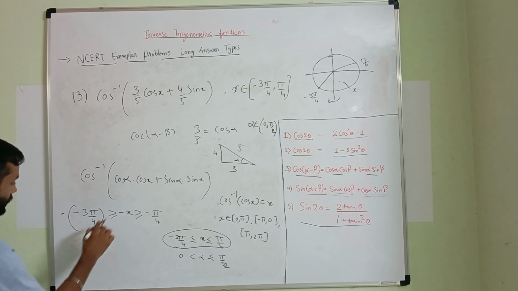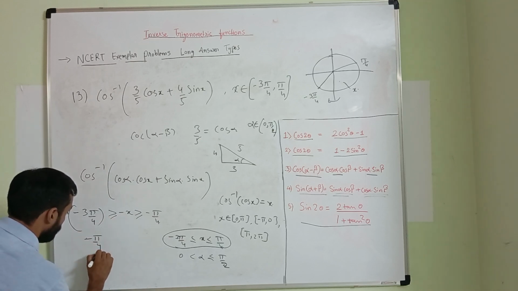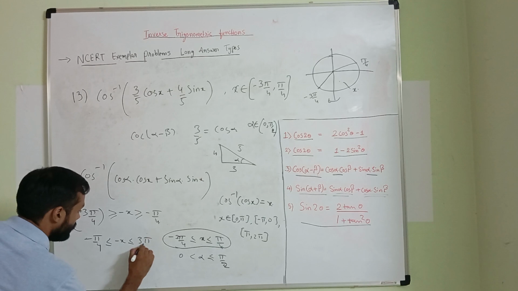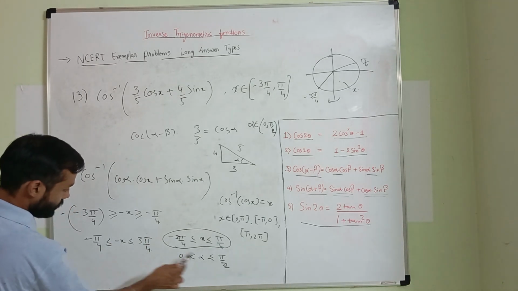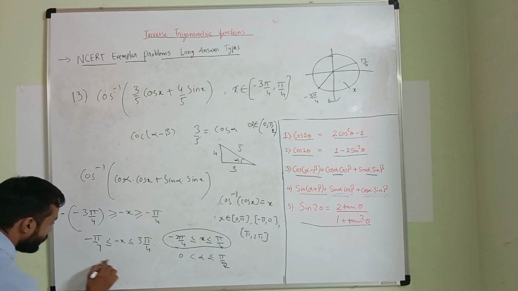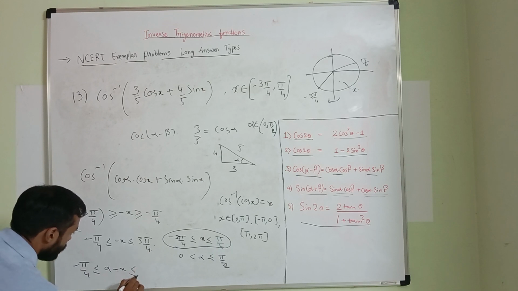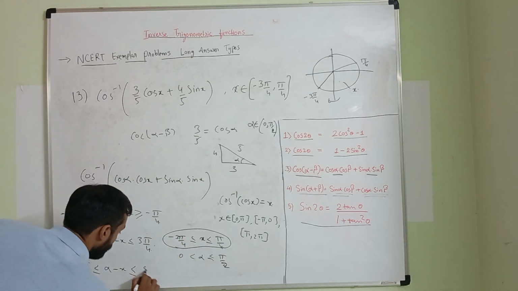So ultimately we can write minus 3 pi by 4 less than minus x less than pi by 4, which reads minus pi by 4 less than or equal to minus x less than or equal to 3 pi by 4. Now we add this inequality with the alpha one. So finally we will get minus pi by 4 less than or equal to alpha minus x less than or equal to 3 pi by 4 plus pi by 2, which will be 5 pi by 4.